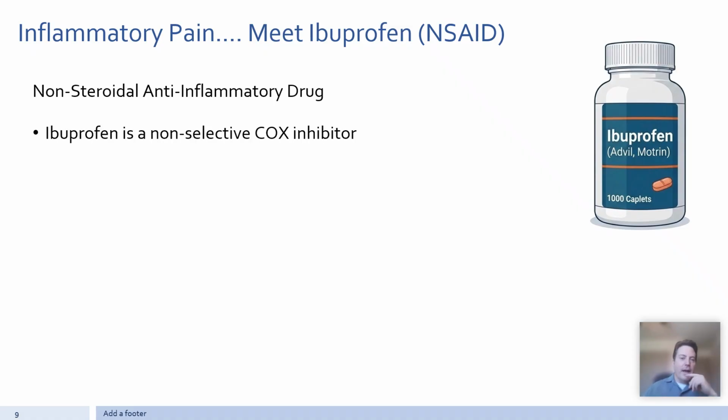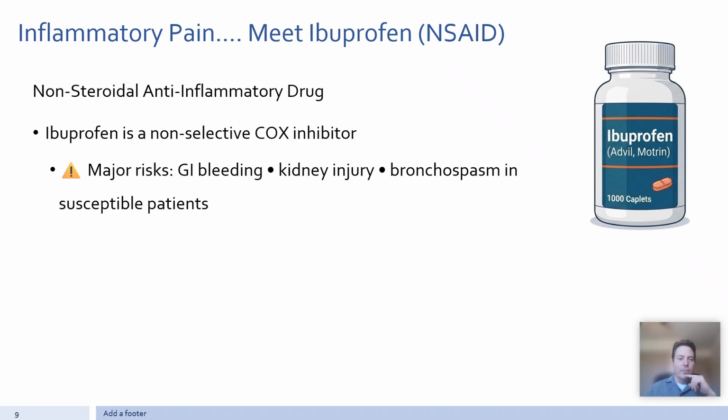So let's take a look at ibuprofen. It's a non-steroidal anti-inflammatory. It's a non-selective COX inhibitor, meaning it blocks both COX-1 and COX-2. And because it blocks COX-1 and not just COX-2, there are major risks such as GI bleeding, kidney injury, or bronchospasms in susceptible patients.